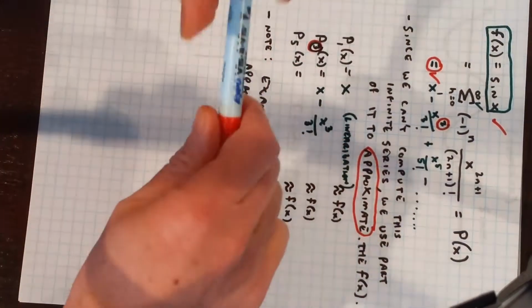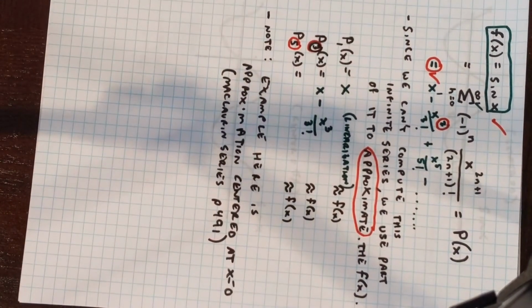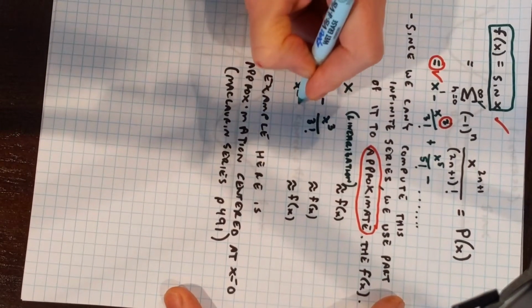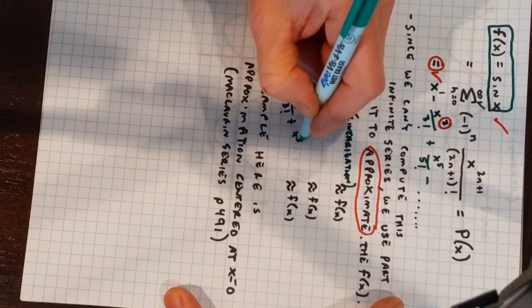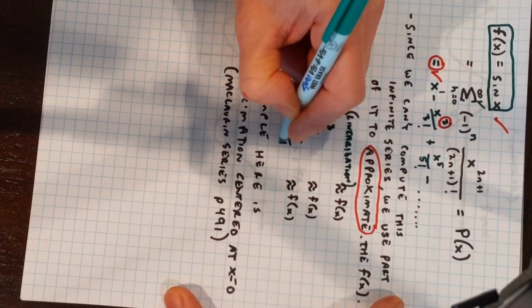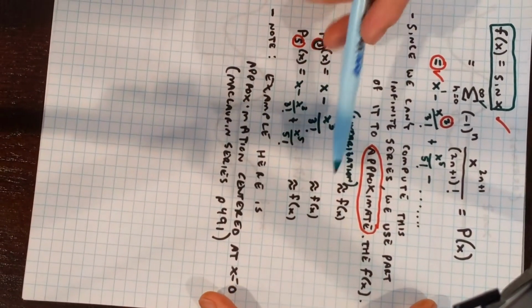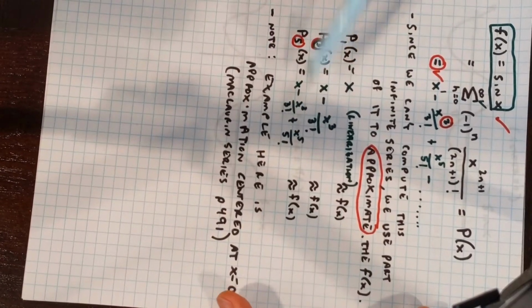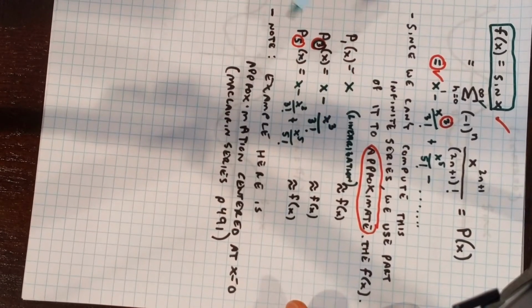The same thing applies if I do the 5th order polynomial. For my approximation, I would get x minus x cubed over 3 factorial plus x to the 5th over 5 factorial. Each one of these is an approximation for the function, but as you add an additional order, you get a better approximation. We'll see that graphically in a second.